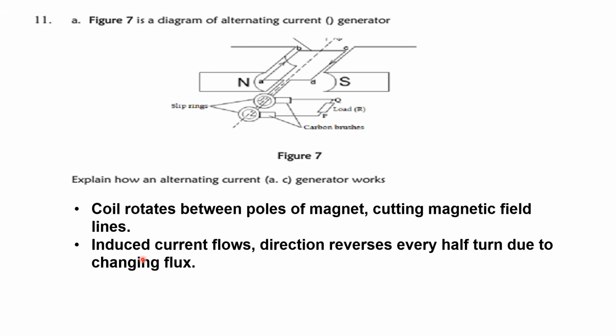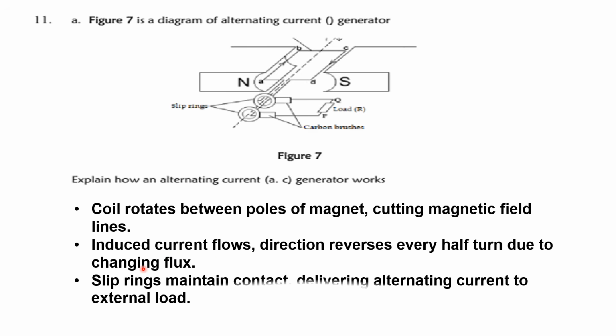So the slip rings maintain contact. These things here maintain contact between the coil and the outside circuit to which the load is connected, delivering an alternating current to the external load. That's 3 marks.